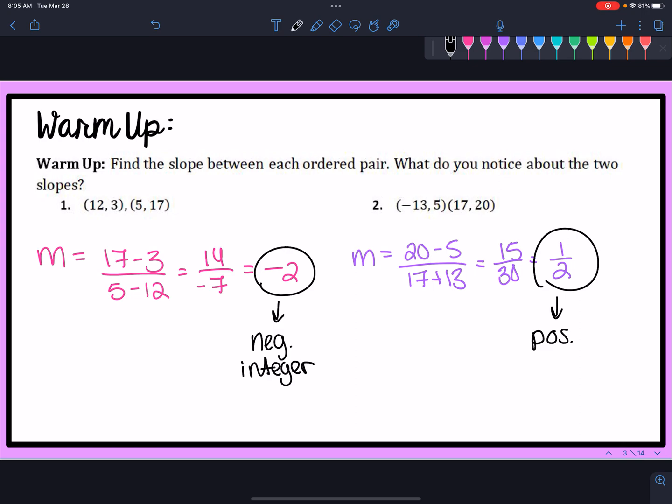Remember, integer means not a fraction, and this one is a fraction. I also notice that they are both using the number 2 in some way. So the question is, how is this going to help us with perpendicular lines? Well, we're going to find that out today.